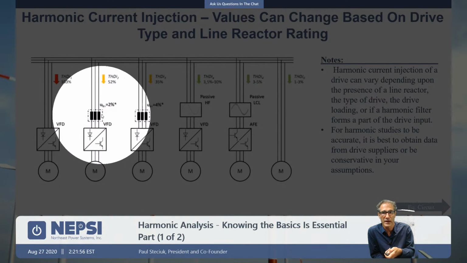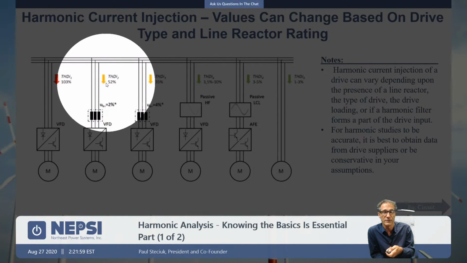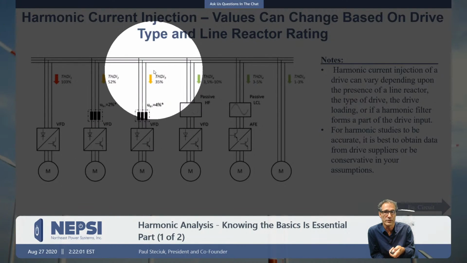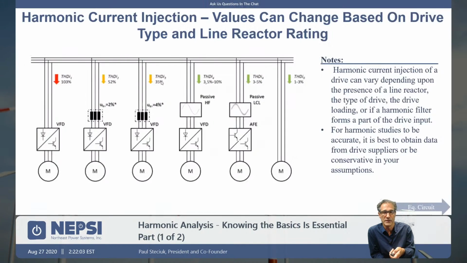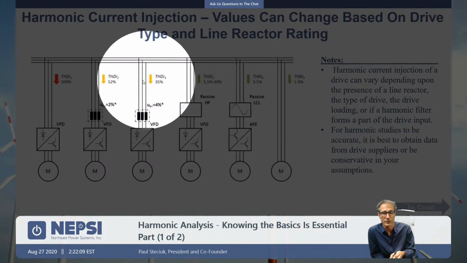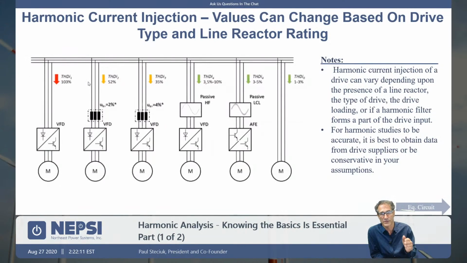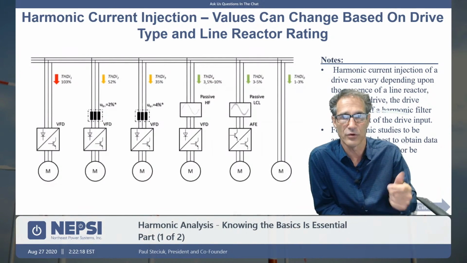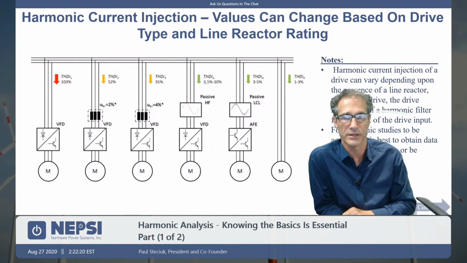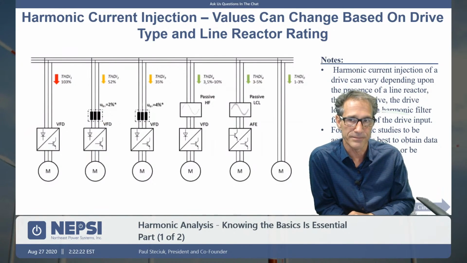So with a 2% reactor here, the THD is 52%, while for a 4% reactor it's 35%. And they have high pulse drives, and you have active front end drives, and the distortion values all change. So you can't just assume a harmonic current value. You have to know the type of drive you're dealing with, perhaps talk with that supplier, find out what they have, and come up with a harmonic current injection.